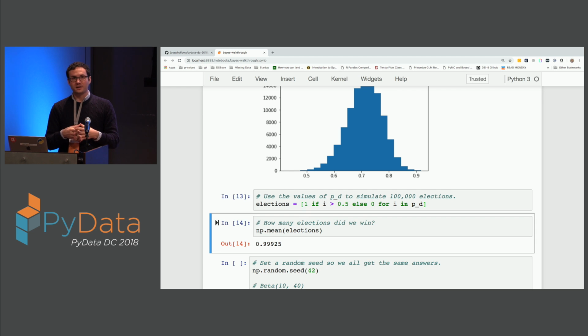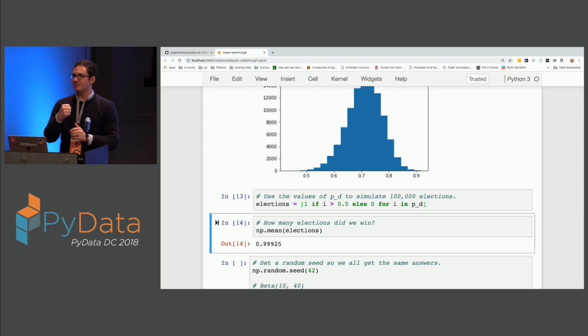So specifically, what FiveThirtyEight is going to do is they're going to use a more sophisticated method of combining all of their polls together and bringing in more noise. But they're going to get a distribution of values, this posterior distribution of values for each of their races. Then they can simulate one race across each of the possible Senate races and say, the Democrats won 26 seats out of the 35 that were available in this election.